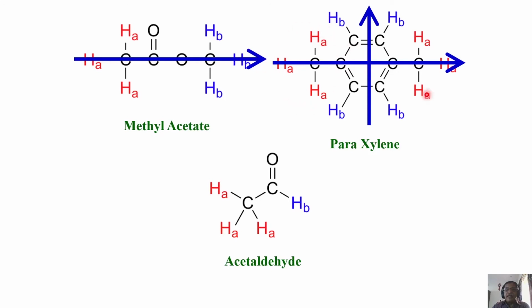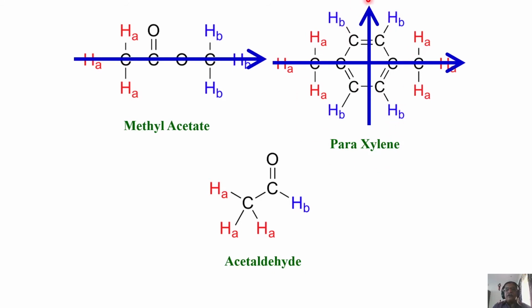All the protons of this methyl and all the protons of this methyl are equivalent, and both the methyl groups are equivalent. So they will give one peak for methyl protons. What about these 4 protons? This proton is chemically equivalent with this. This is chemically equivalent with this. If you go along this symmetry axis, this is equivalent to this and this is equivalent to this.